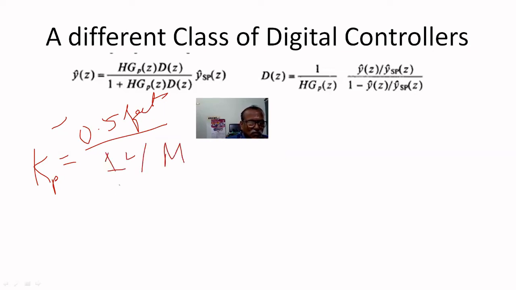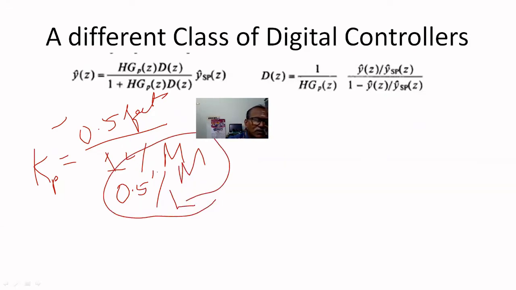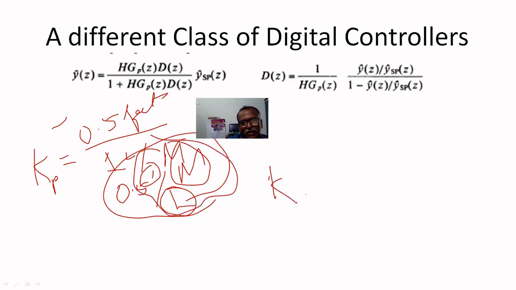Then what is the process gain? It is 0.5 feet per liter per minute. So this is the unit: feet, liters, minutes. If you combine all these together, what is the unit of controller gain? It will always be the opposite of this.